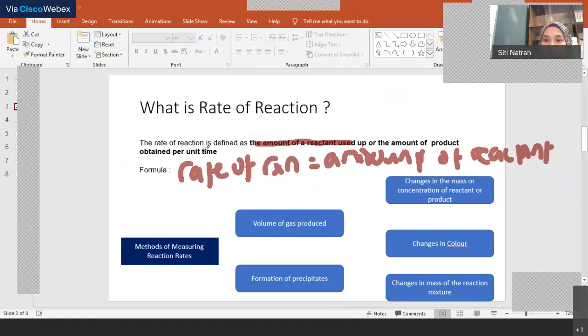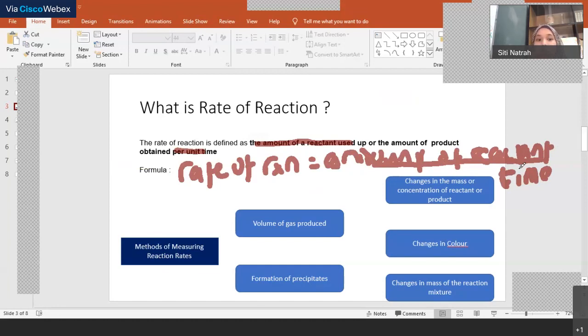So ni over time, okay? Amount of reactant used up per unit time. From definition ni, the rate of reaction is defined as amount of reactant used up per unit time, or we can say the amount of product obtained over time taken. Alright? Okay, boleh?